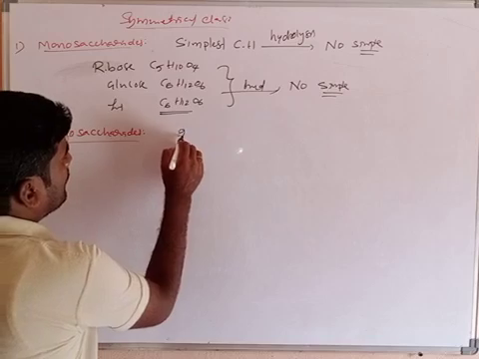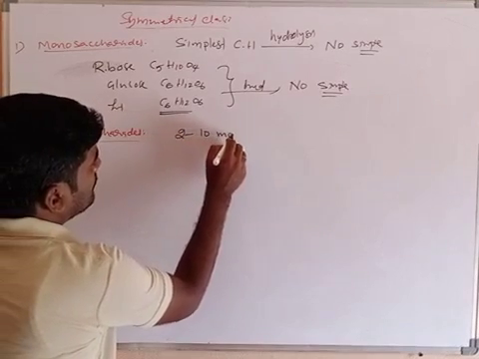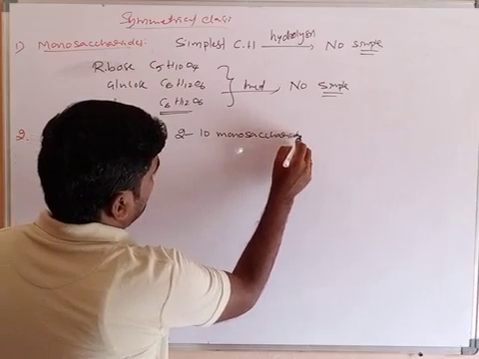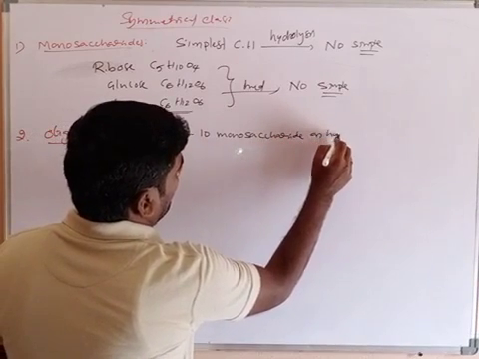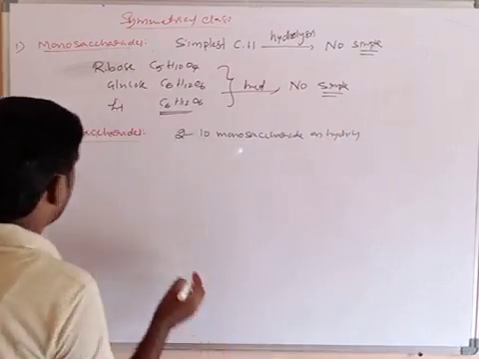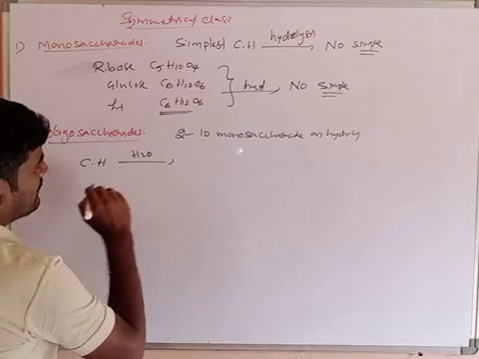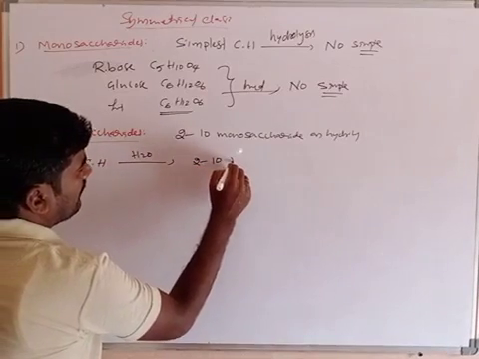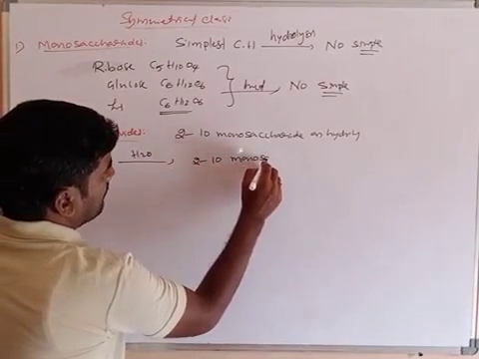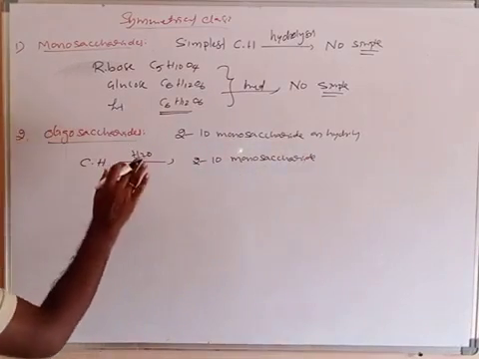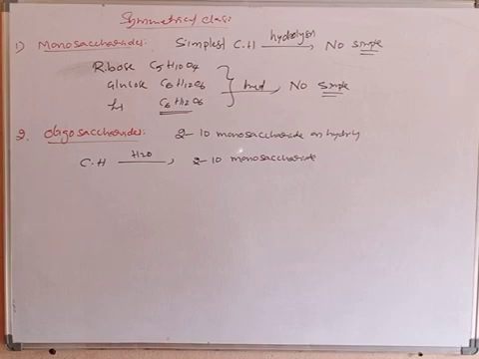Carbohydrates that on hydrolysis produce 2 to 10 monosaccharides are called oligosaccharides. Oligosaccharides are again classified into disaccharides, trisaccharides, tetrasaccharides.